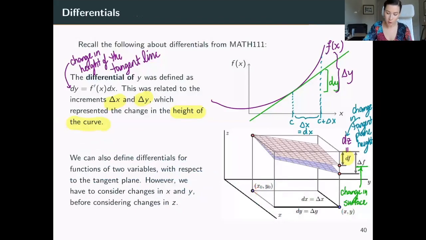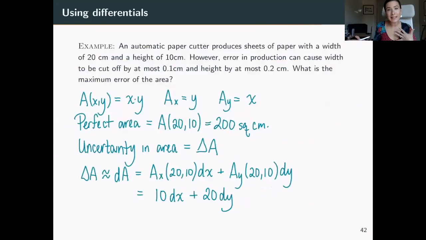And we want to go some distance away from x naught, and we also need to go some distance away from y naught. And the maximum distance that we are going away from 20 is going to be, according to the information, 0.1. And the farthest away that we're going from our ideal height is going to be at most 0.2.